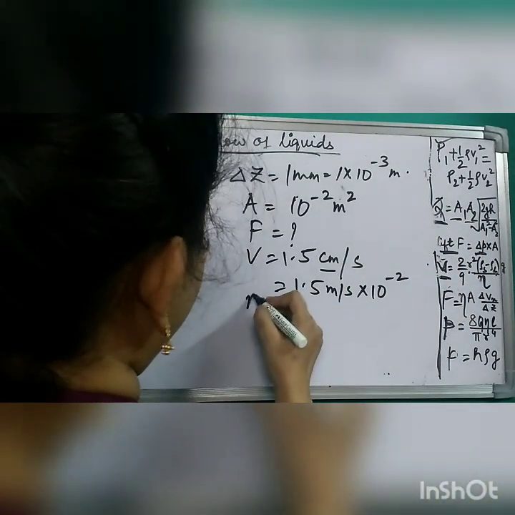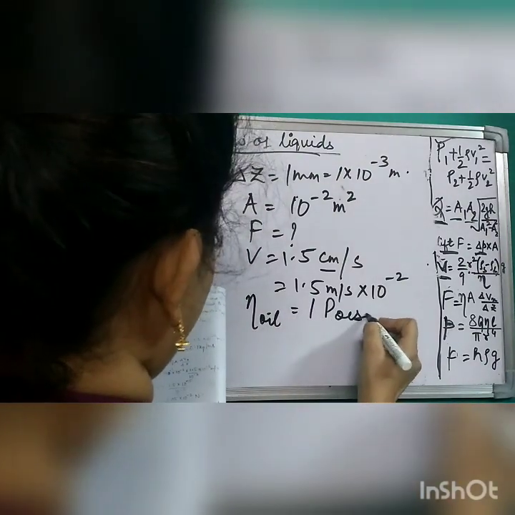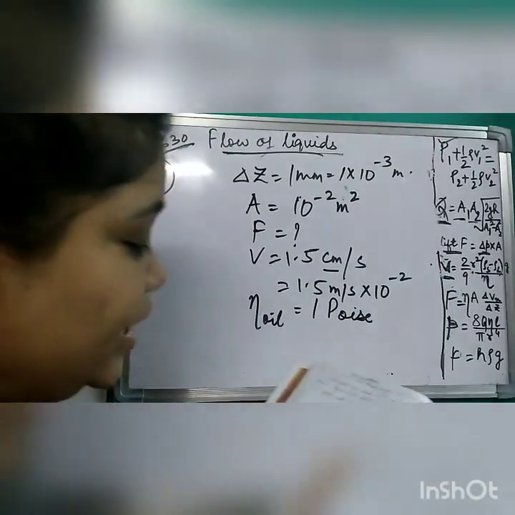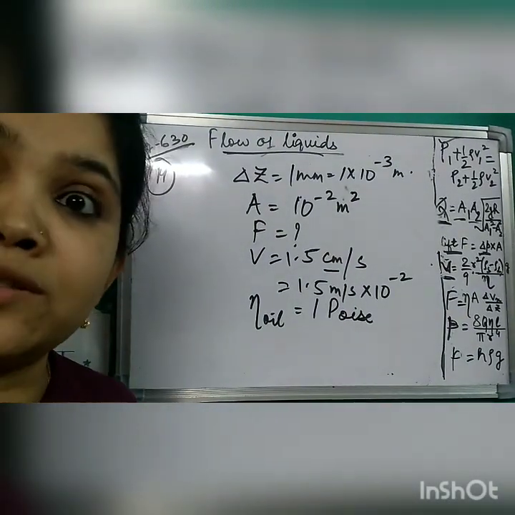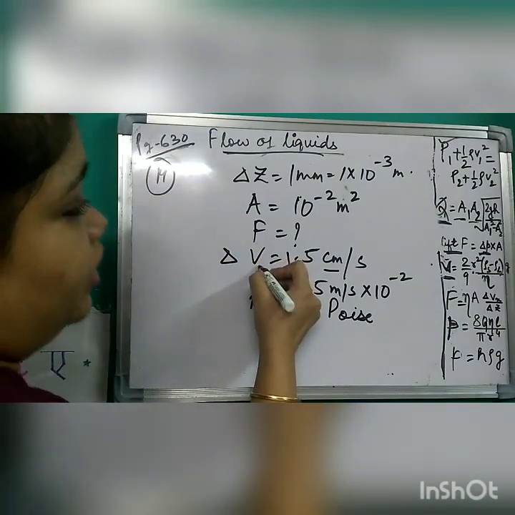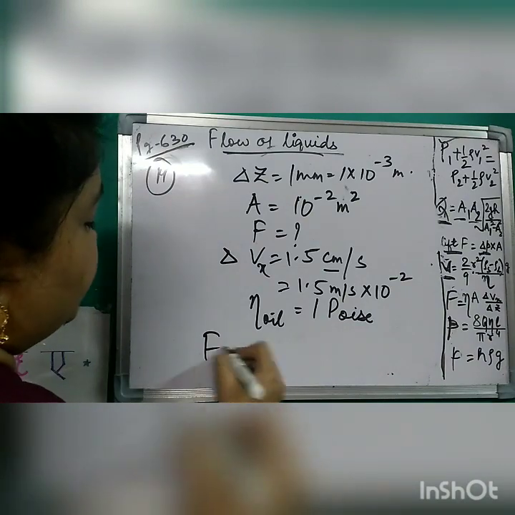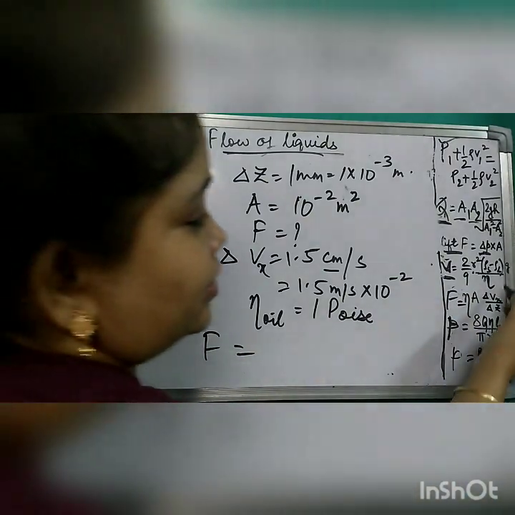Eta of oil is given as 1 Poise. Now, what is the force formula? Basically this is the velocity gradient.